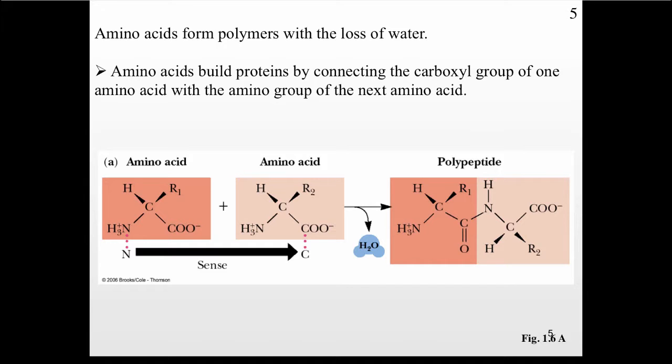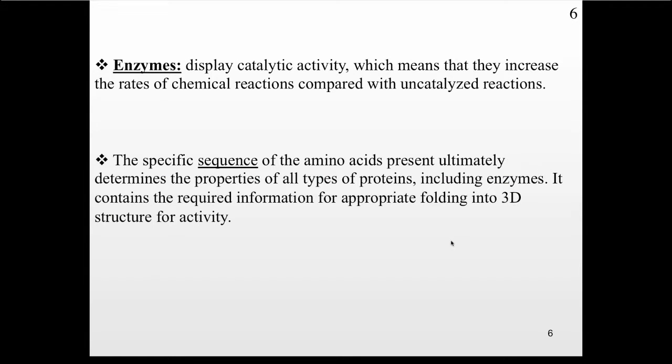For amino acids, there's a loss of water to form polymers. Amino acids build proteins by connecting the carboxyl group of one amino acid with the amino group of the next amino acid to form a polypeptide. One very important class of proteins are called enzymes, and they display catalytic activity, which means that they increase the rates of a chemical reaction compared to that of an uncatalyzed reaction.